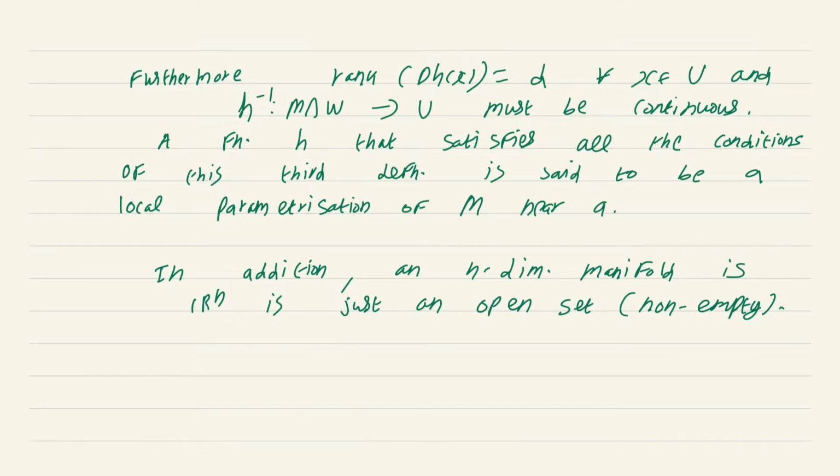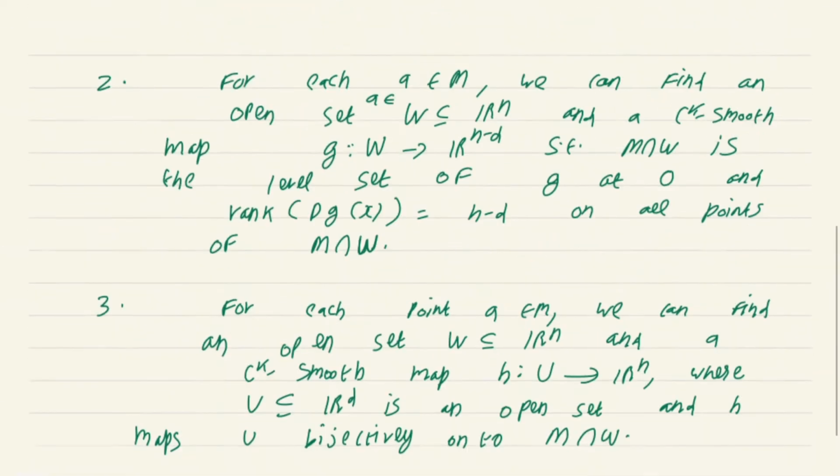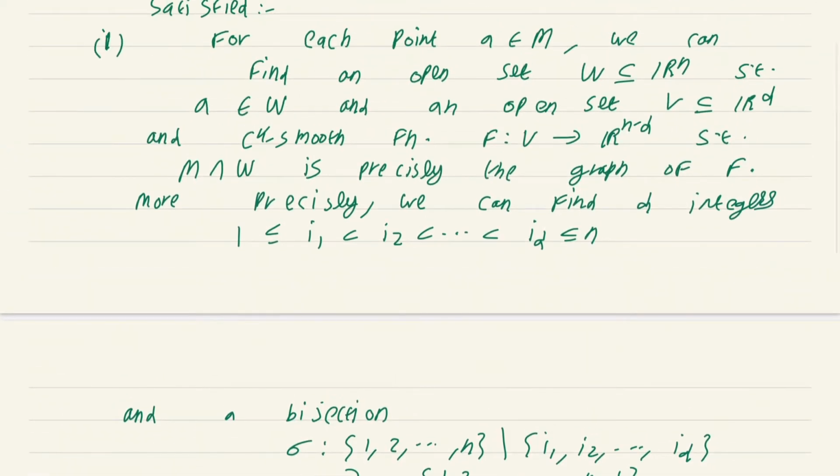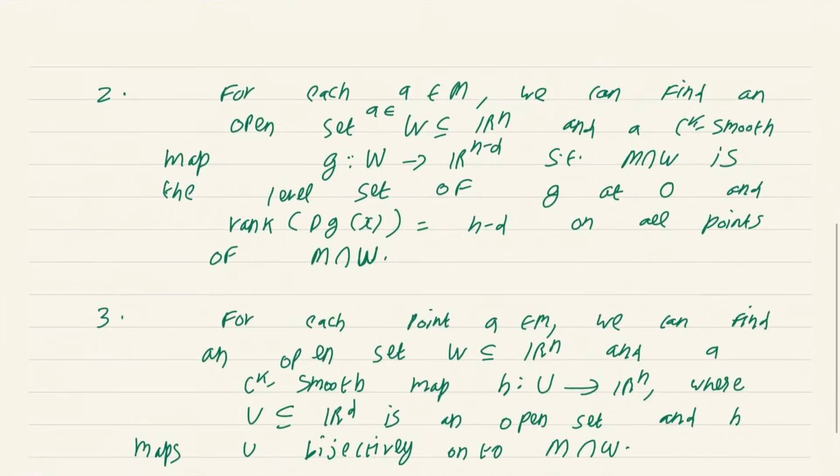The first condition, as I have already mentioned, is just an overly pedantic way of saying that locally the set M looks like the graph of a C^k smooth function. Now, loosely speaking, a d-dimensional manifold is an object on which we have d degrees of freedom. So these d degrees of freedom are determined by the d independent variables. Okay, so the first definition sort of models that. The second definition also models that, if you think about it.